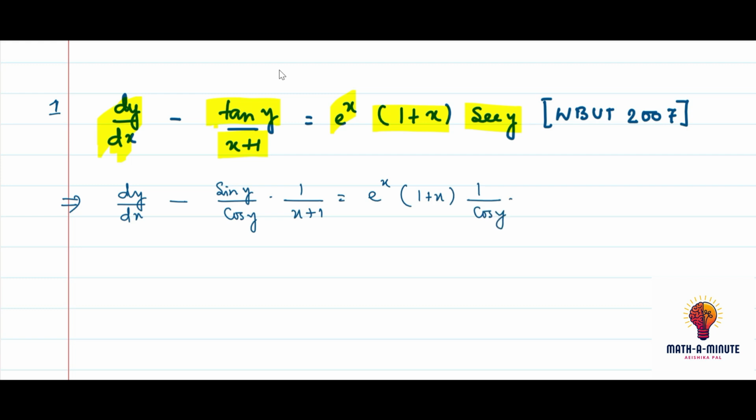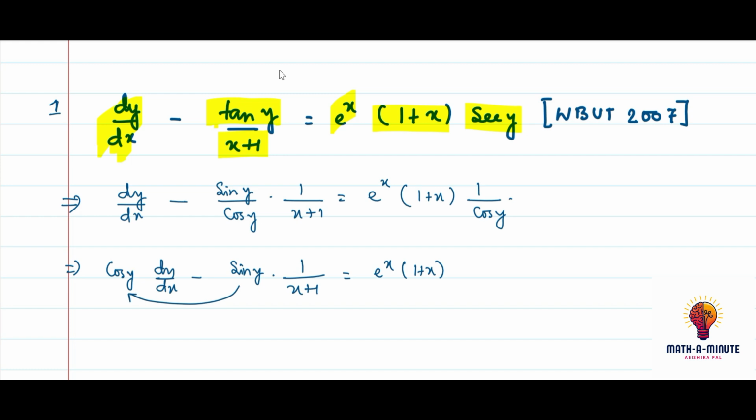Okay, now we can also write this equation in the form of cos y dy/dx minus sin y into 1 by x plus 1 equals to e to the power x into 1 plus x. Okay, now here it's very clear that the derivative of this function is this.